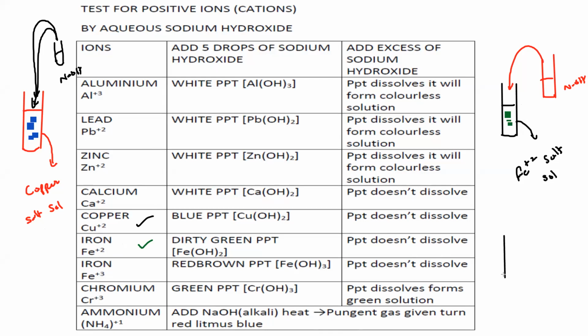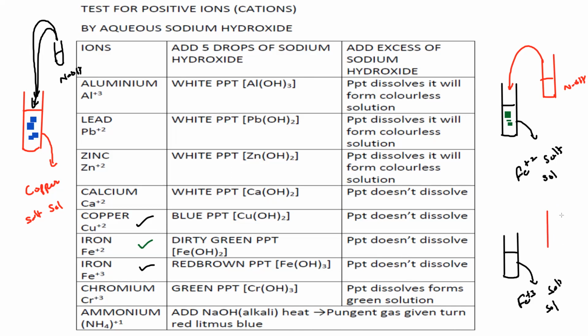The precipitate will remain as it is, it won't dissolve. Same way, if we have an iron 3 ion, a solution with iron 3 ion, this is a salt solution, but this time it is iron 3, and we are adding sodium hydroxide. So you can see this is the same test.